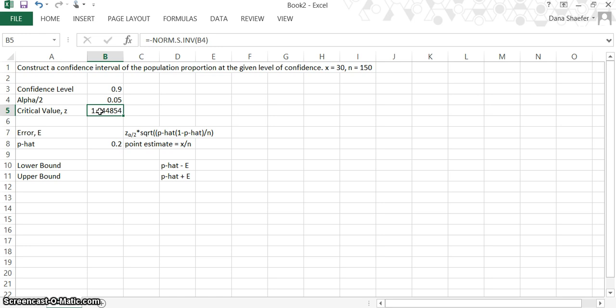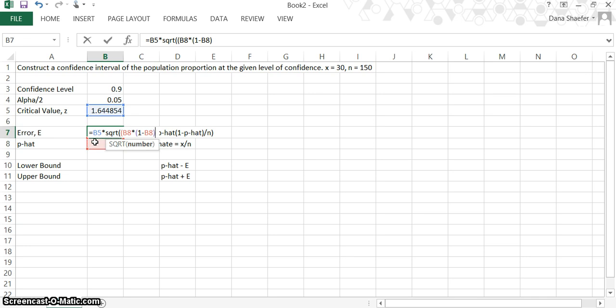And then I'm going to multiply that, so I'm going to say equals, and I'm going to call out this column times the square root, SQRT parenthesis, p hat, so that was our value from down here, times 1 minus p hat, parenthesis.